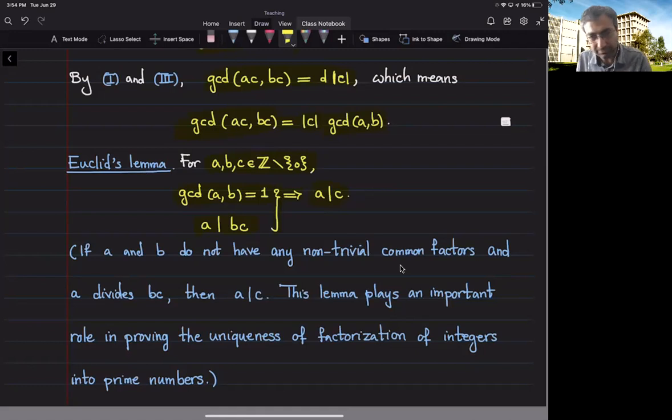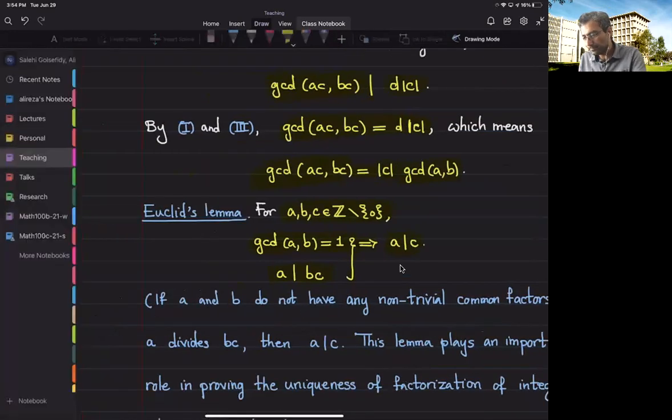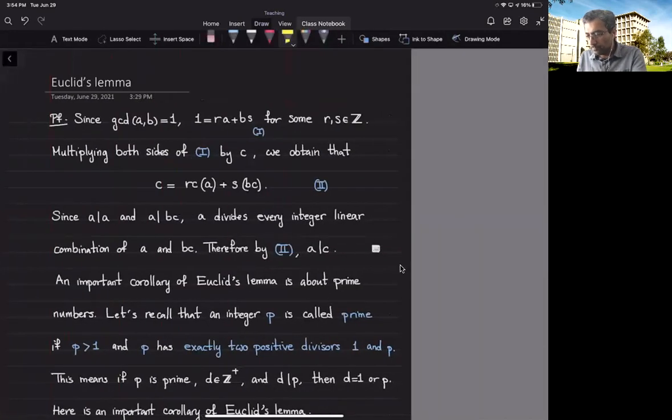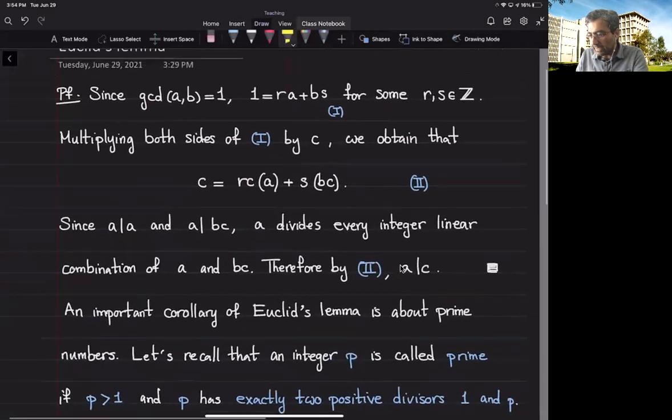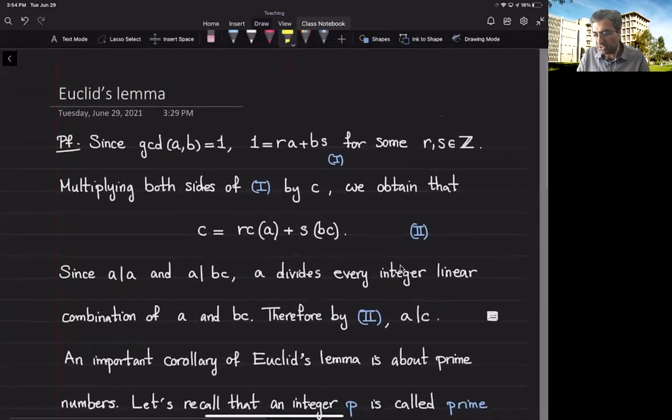Okay, so let's see how we can prove Euclid's lemma. Again, by assumption, GCD of a and b is 1. We know the greatest common divisor of two integers can be written as an integer linear combination of those integers. So 1 is an integer linear combination of a and b.